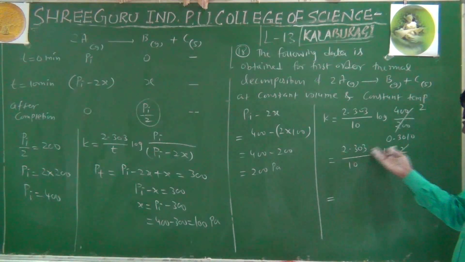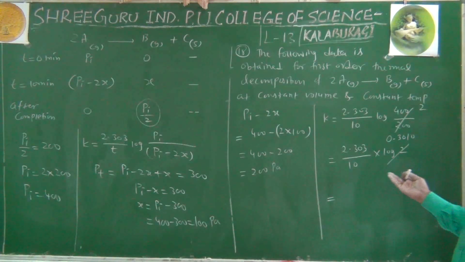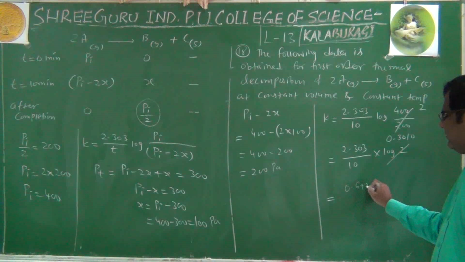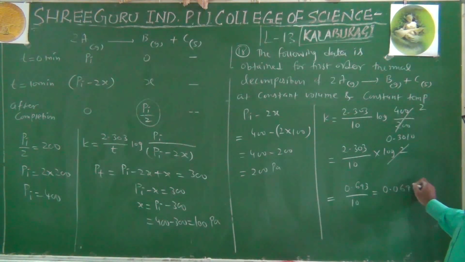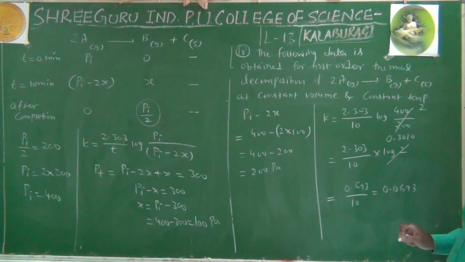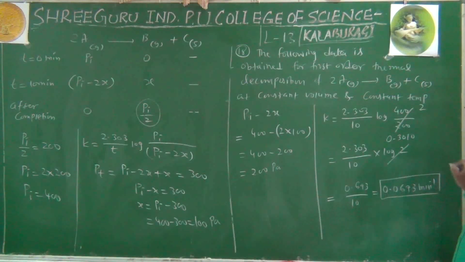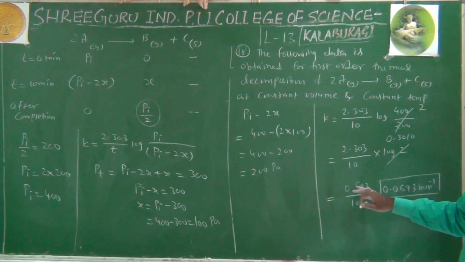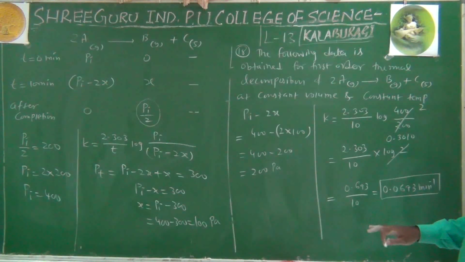We came across this situation in the derivation of the half-life period of a first order reaction. So it is 0.693 by 10, and that equals 0.0693 is the answer, and time is in minutes, so you can write this as per minute. See how we have changed these situations and how we arrived at this correct answer. This is very much needed.